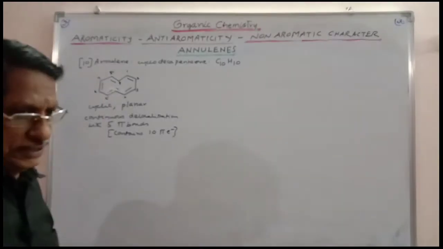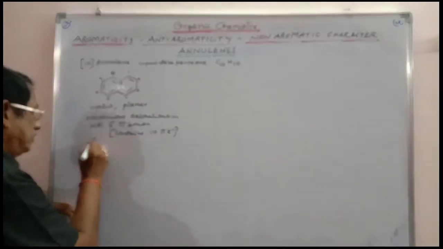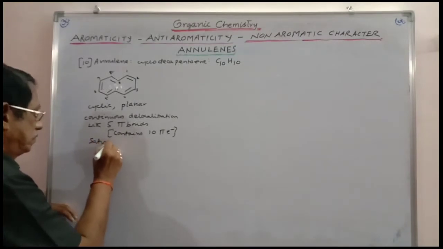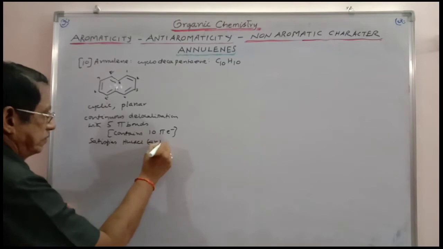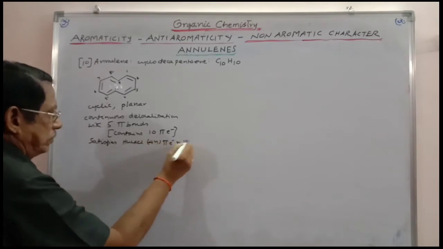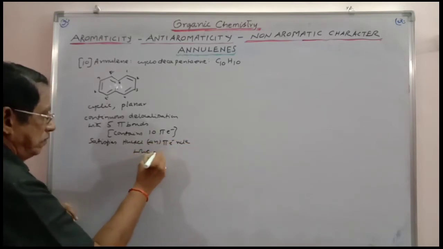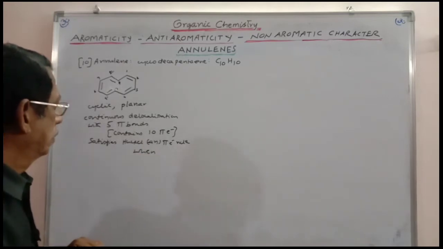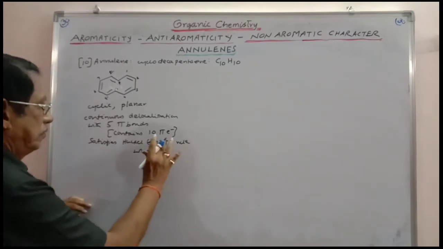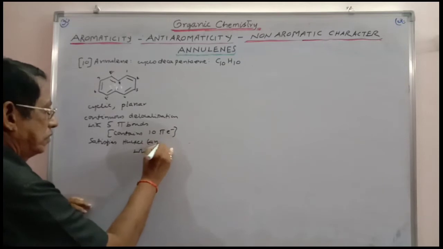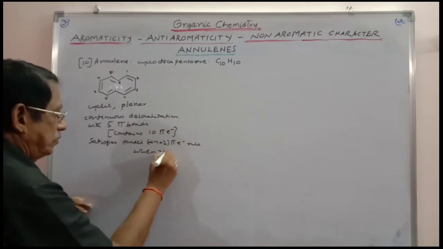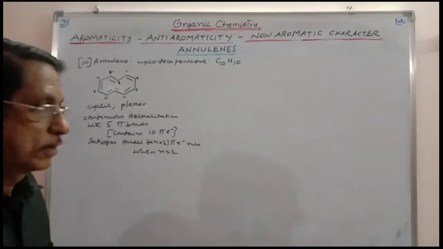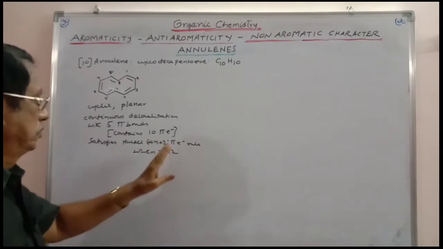So what is the character here? Satisfies Huckel 4n pi electron rule when, not that one, 4n plus 2 pi electron rule when n is equal to 2. So n is equal to 2, 4 into 2, 8 plus 2, 10.